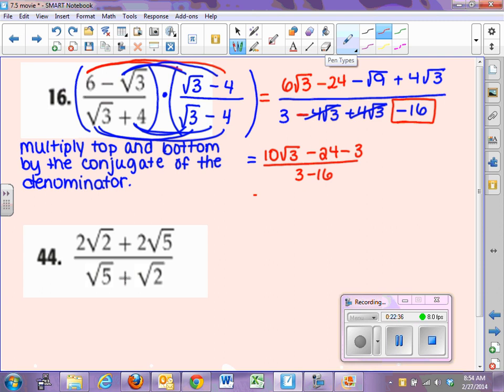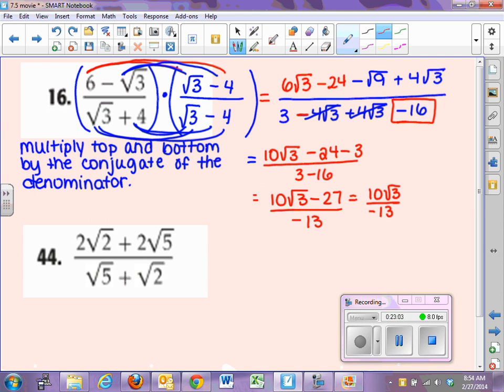So in the next step, I'll say this is 10 radical 3 minus 27 over negative 13. Now, they might leave it like this, and this is good as long as there's not a common factor. But what I would suggest doing, so you can see if it reduces, is make this 10 radical 3 over negative 13 and realize that 10 and 13 have nothing in common.